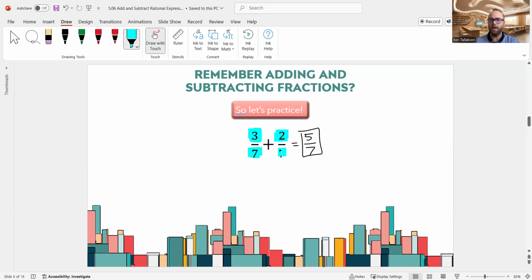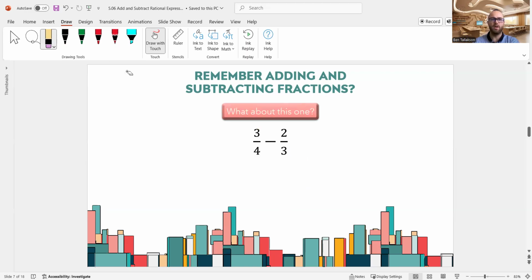Well, it has to be a bag that's the same size, doesn't it? That holds up to 7 marbles. So we need those denominators to be common. That's the big idea anytime you add or subtract fractions. Now that you know that, give this one a try.